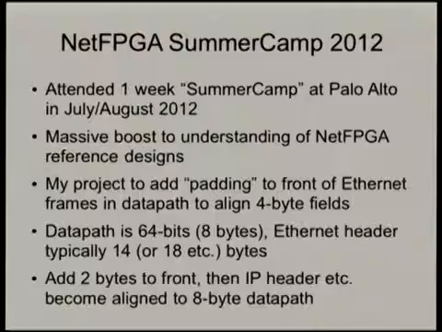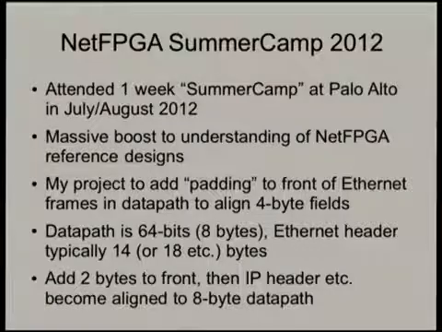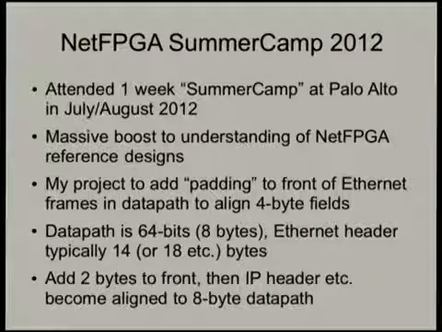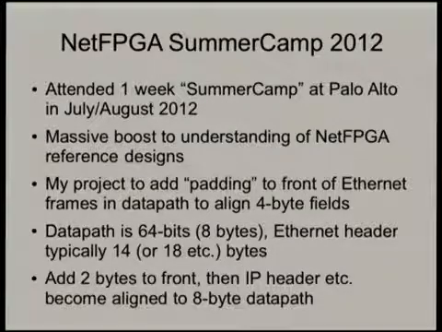So with this summer camp I attended, we had to do a project, and one of the things I learnt very early on is that there's this 64-bit data path, or 8-byte data path. The frames arrive from Ethernet and just go straight through this data path. The first header in an Ethernet frame is the Ethernet header, which is generally 14 bytes, or it could be 18 if it's got VLAN tags.